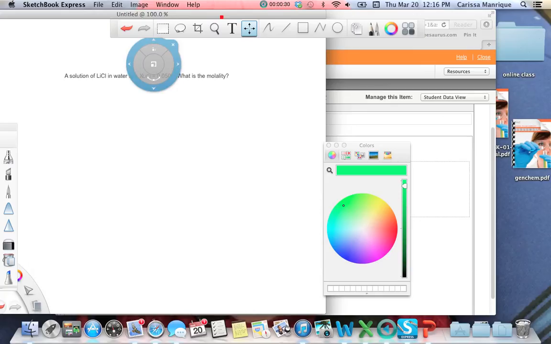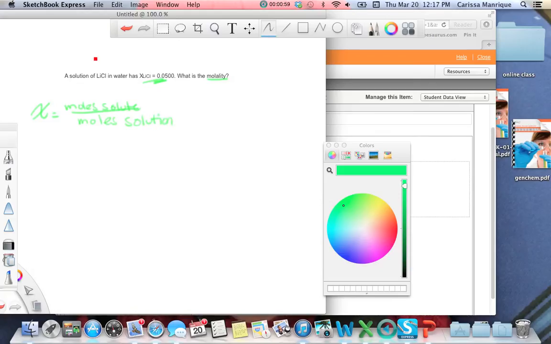Okay, so first let's define each one. We have a mole fraction right here, and we want to find molality. So what does mole fraction mean? It's really important that you get these precise: it is moles of solute over moles of solution, which is like the total.